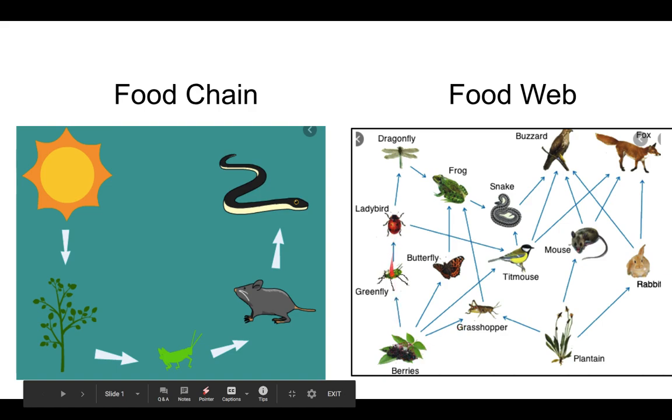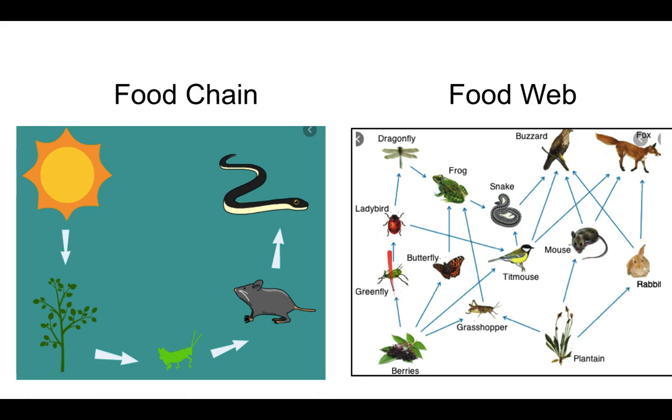And the ladybird or ladybug might eat the green fly, and in turn might be eaten by the dragonfly or this bird. And the dragonfly might be eaten by a frog, but then the snake could eat the frog, and a buzzard could eat the snake, or the snake could eat this bird. Lots of different ways for energy to flow in a food web.